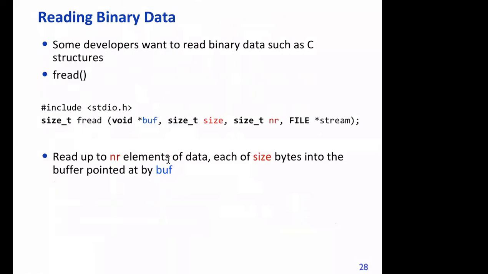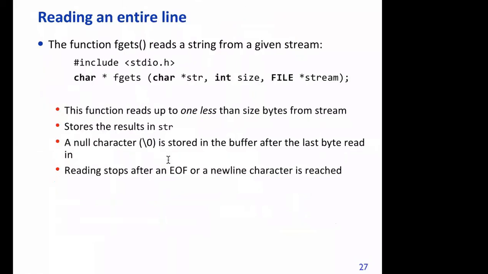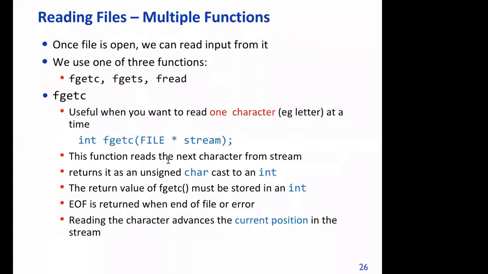Okay, all right, so this is fgetc, you will get character by character. You'll have to define a stream, and it will get assigned. It returns an unsigned character cast to an integer.